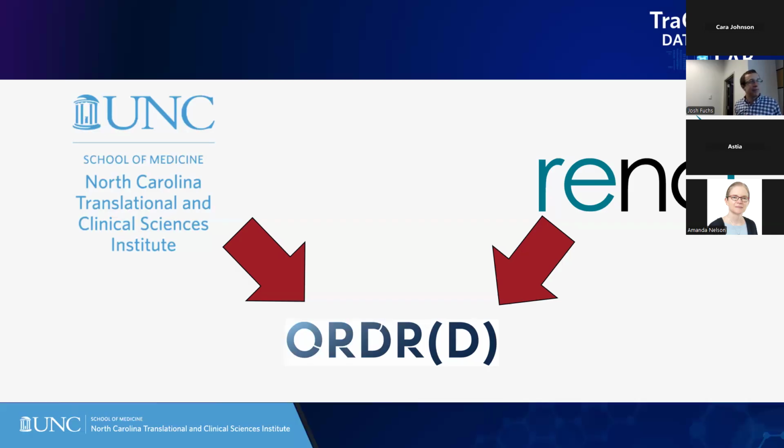Ordered is not meant to replace the current method of going through CDWH and the TRACS EHR data extraction team. It's really just meant to be an additional tool for researchers. As we go through our conversation today, I think you'll see that there are places where Ordered is going to work for people, and there are other places where the currently existing method is going to be the best option.